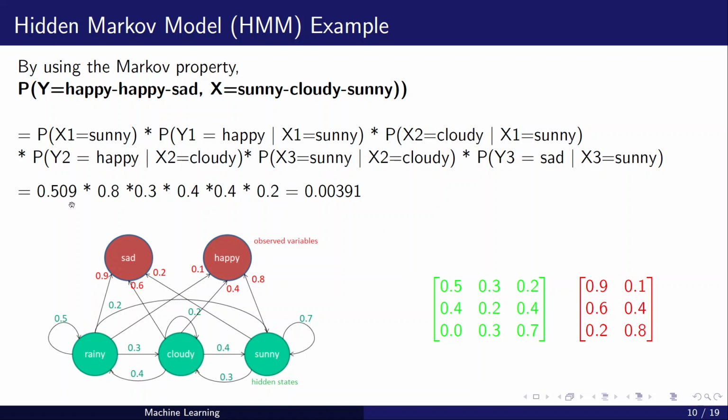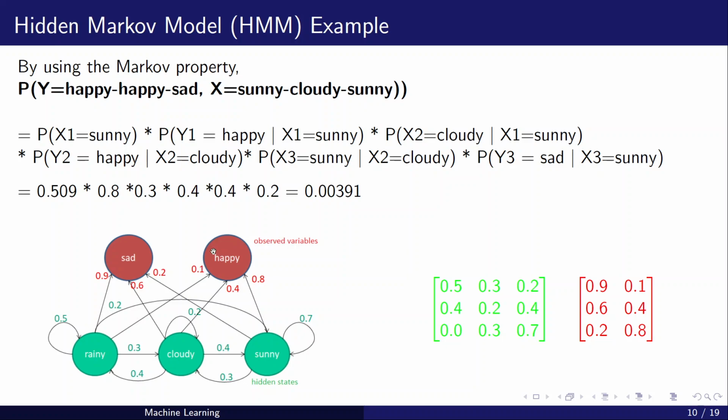And this one is not available here. This is the probability of x1 equal to sunny. The probability of x1 equal to sunny can be obtained from the left eigenvector of the transition matrix, because it is not given. So you will get the left eigenvector as 3 values, maybe pi 1, pi 2 and pi 3. What is the probability of rainy, what is the probability of cloudy, and the overall probability.